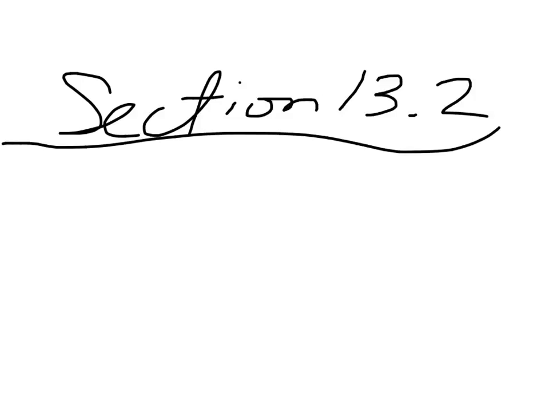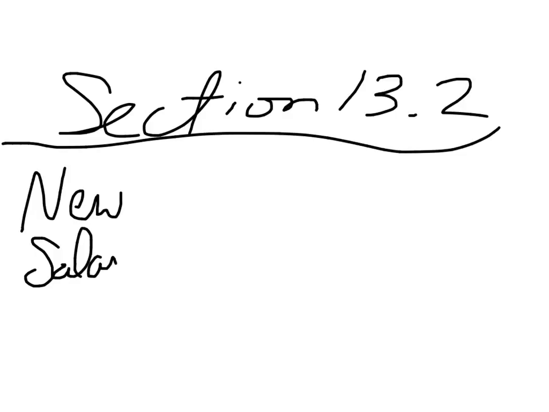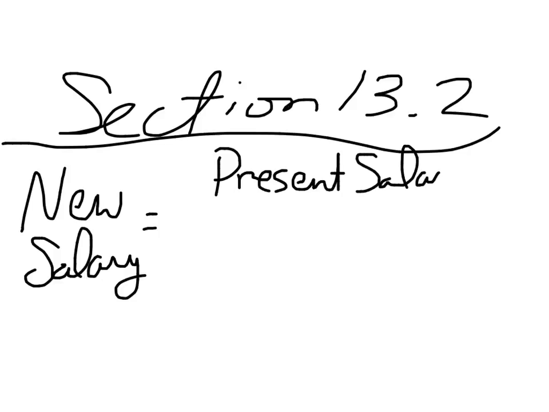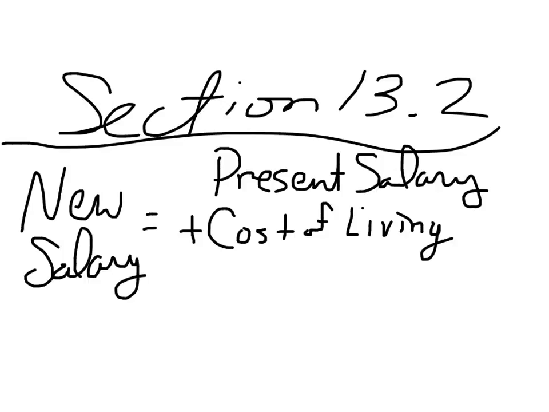The formula that we have for today says new salary is going to be equal to the present salary that you're at, plus a cost of living adjustment, plus the merit increase.